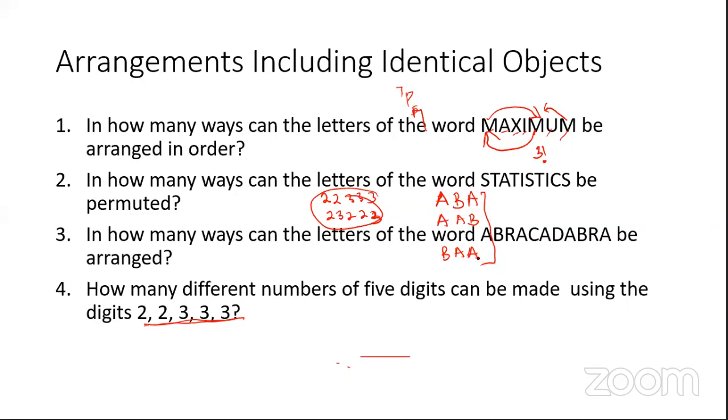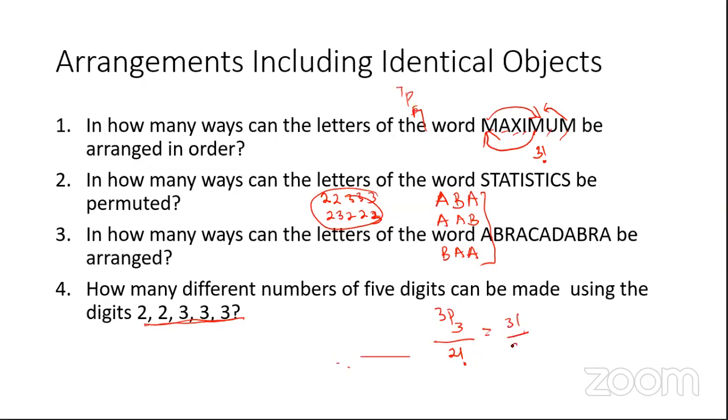I don't think so. So how many letters do I have here? 3. I'm arranging all 3 letters, but because A occurred 2 times, I'm going to have 2 factorial repetitions. So I need to divide by 2 factorial. 3 permutation 3 will give me 3 factorial.